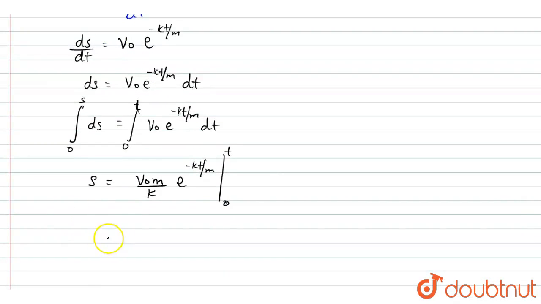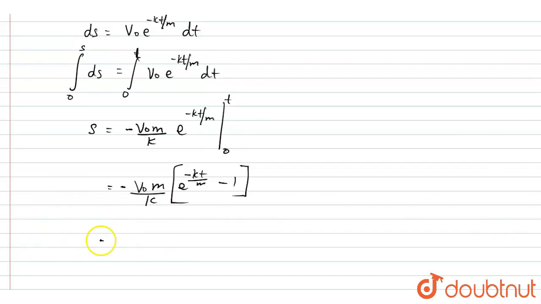If I substitute the range values, we get minus v0 m by k into e power minus kt divided by m, and then substituting t equal to 0, e power 0 is 1, so minus 1.